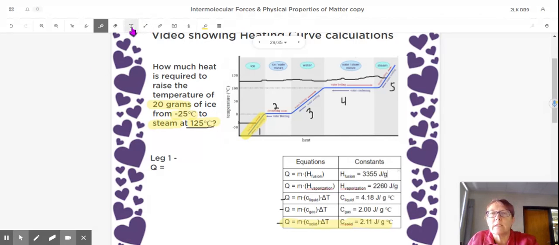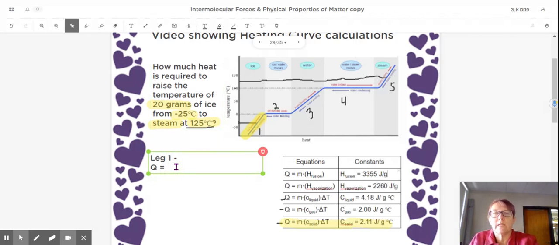So let's write this in here. Q is equal to the mass times C solid, the specific heat of a solid, times delta T.